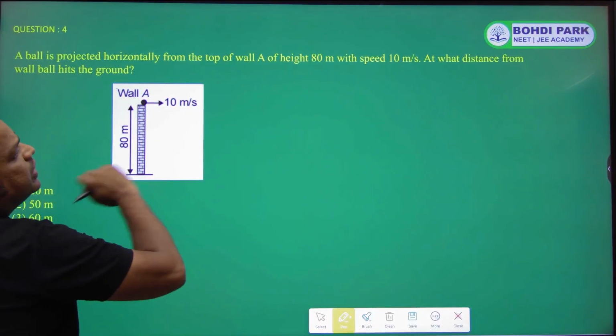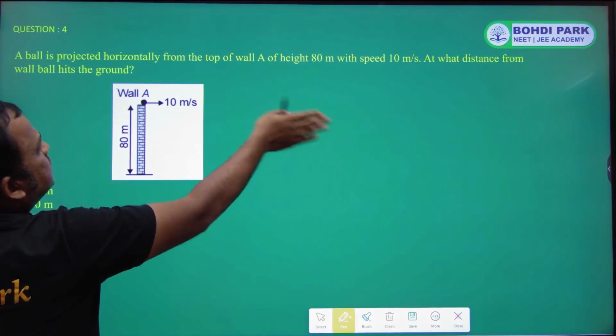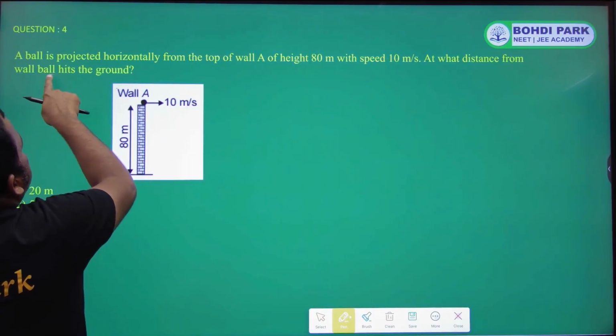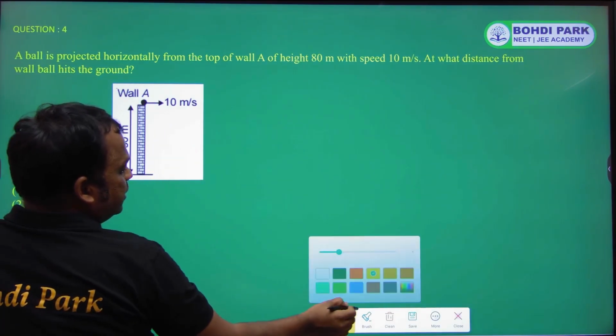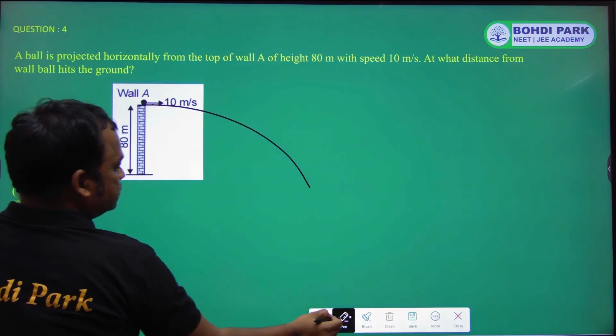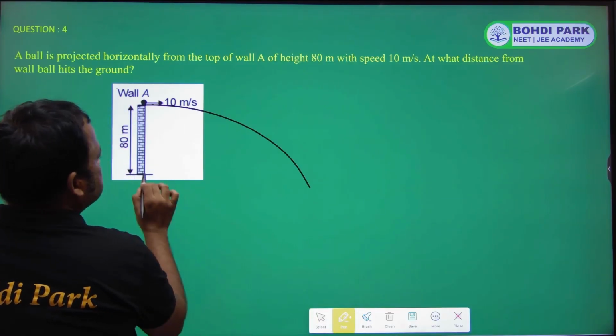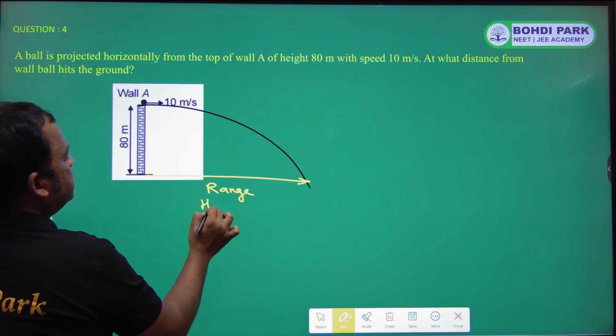Initial height 80 meter. Speed 10 meter per second horizontally. At what distance from the wall the ball hits the ground? So its motion will be a projectile motion like this. So this is the range, horizontal range.